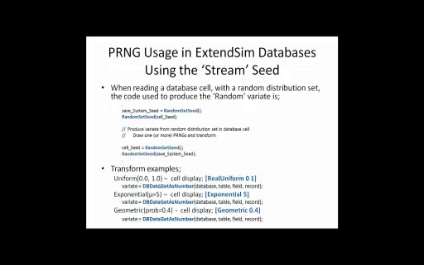The API call, or one of the API calls to get that variant, is to do a DB data get as number. You specify the database table, field, and record, and if that cell is a random definition cell, like real, uniform, or exponential, or whatever, we'll actually go through this particular sequence to produce a number that's returned as this value.